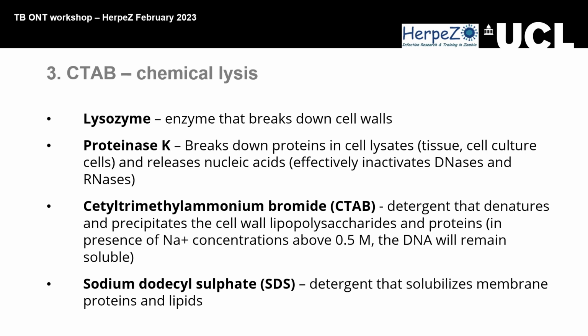From there, we add proteinase K, which breaks down the proteins and releases nucleic acid into the surroundings. Then we use CTAB. How much do we use of CTAB? I think it depends on the process, but I think we use 200. No, we use 100 microliters of CTAB to denature the cell wall and the proteins.